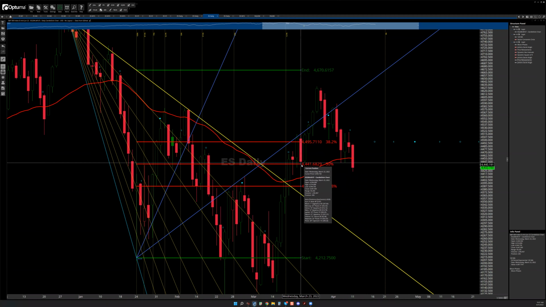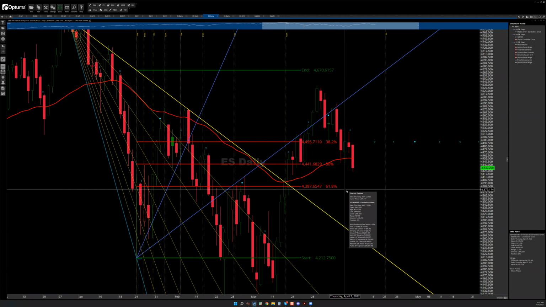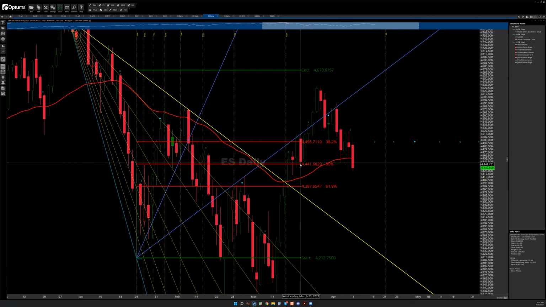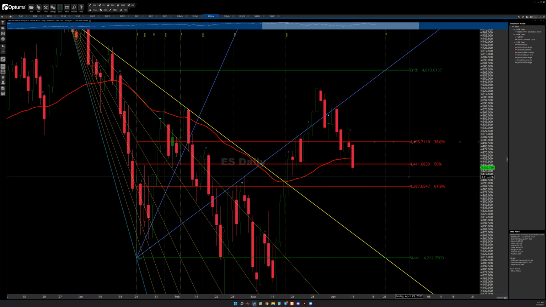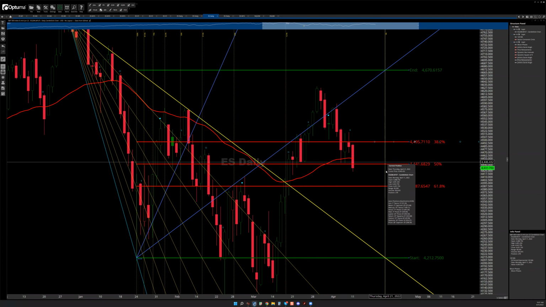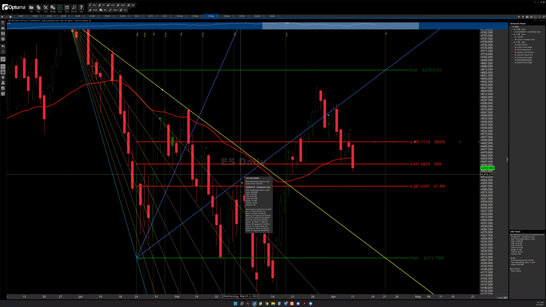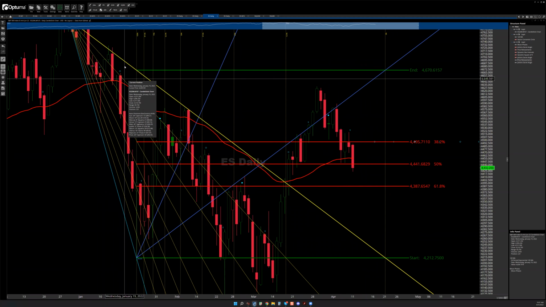But now let me pull this out here. These are charts that I made a gazillion days ago. This is a time cycle right here that we're looking at. These are Fibonacci retracements that are based off of this angle here.